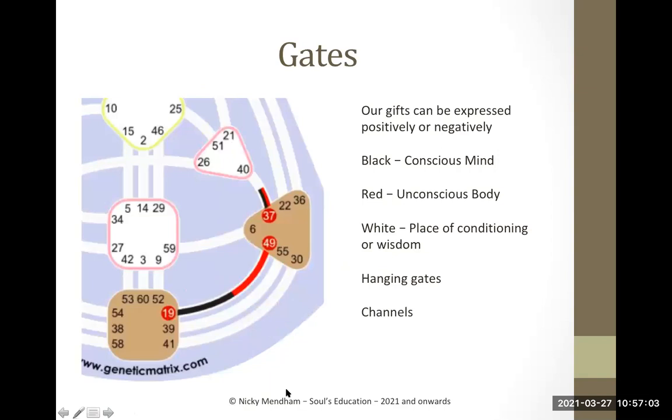So when we look at the gates, we're looking at each of these numbers. There are 64 of them. They all carry a certain quality, a certain personality with them, and they can work from a range of extremely negative to extremely positive. And we all have all of these gates. We are all the expression of all of these gates. It's just that sometimes it's defined, so colored in, that one song that you're singing, and sometimes it can be open, white, where you're taking in other people's information.